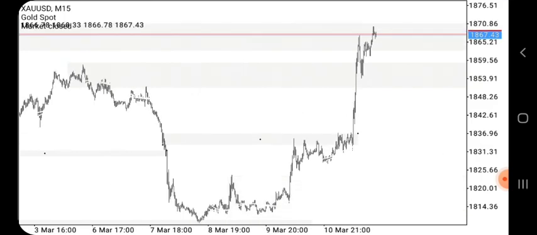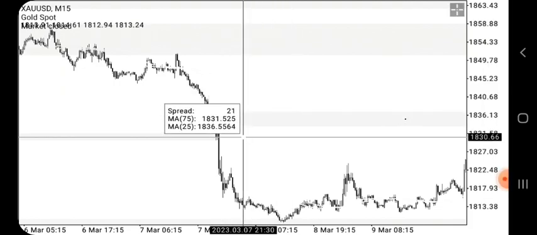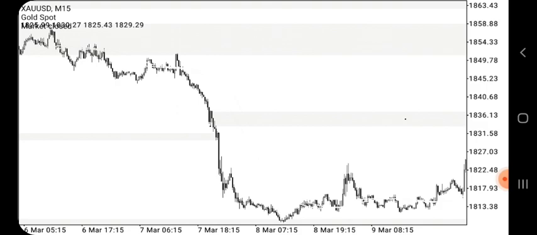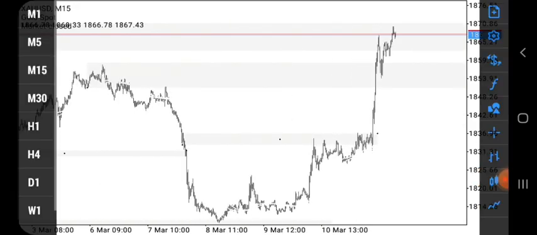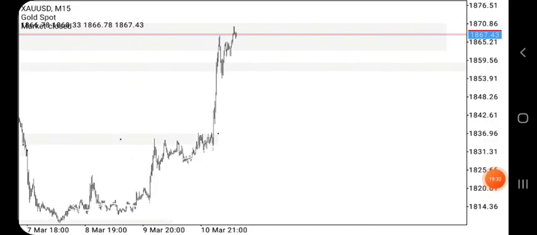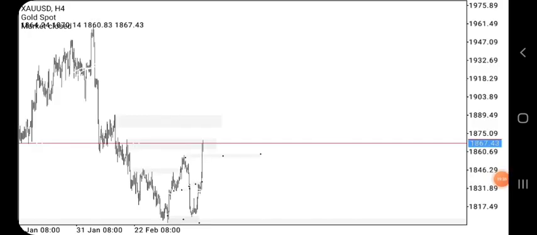You can see that on this point, the market came with a 15 minutes. I expected, guys, for 15 minutes to turn bearish. So 15 minutes was supposed to break out of this level here.